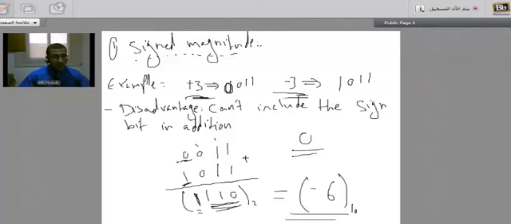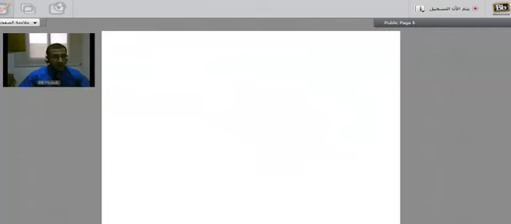So eventually you will get a wrong answer. Which is why we use the complement. So let's have a look at the first method of the complement, or the second method in representing negative numbers, which is the ones complement.